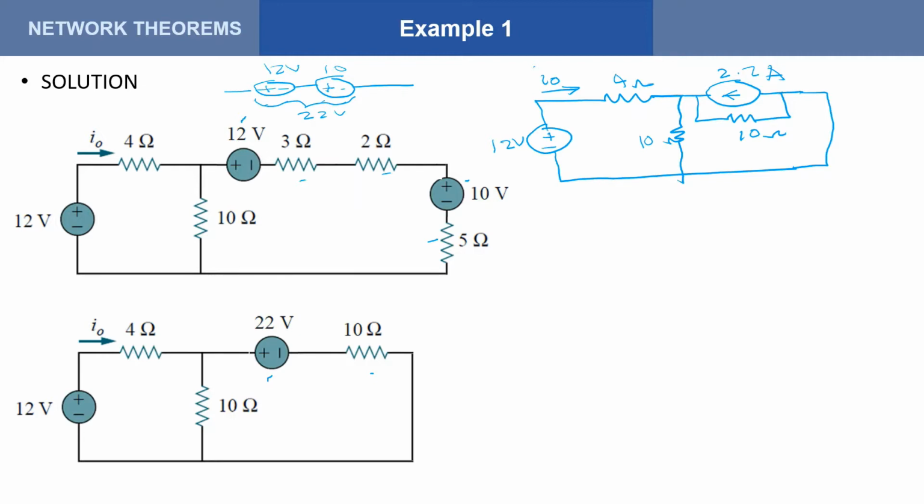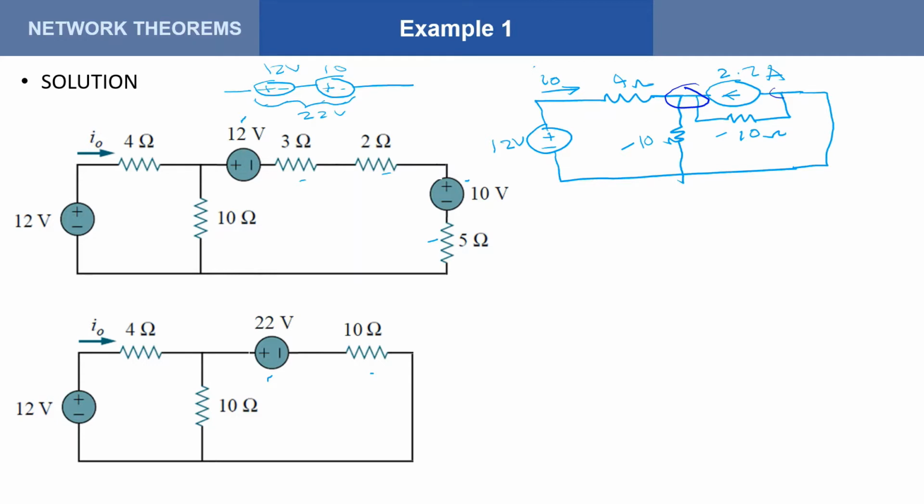We added one loop, but the purpose here is for us to be able to combine the resistances. So notice that these 10 ohms here and 10 ohms there are in parallel because they are connected to the same node.